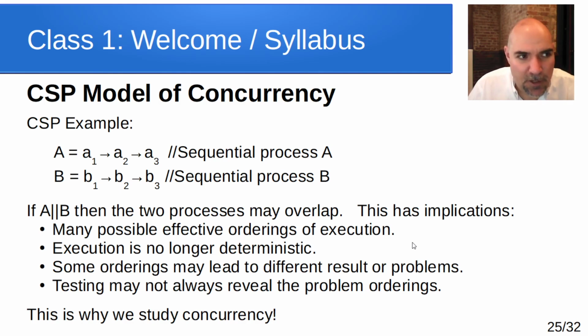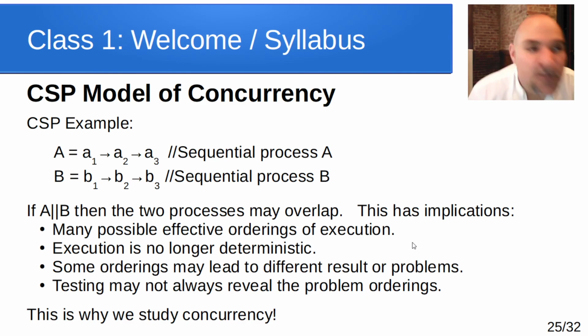And testing your program might not always reveal them, because when you run your test, you might only get good orderings. With a relatively small program size, with 2 processes running concurrently, the number of effective orderings could be more than the number of atoms in the universe. But there could be just a few sprinkled throughout there that cause really horrible things to happen.